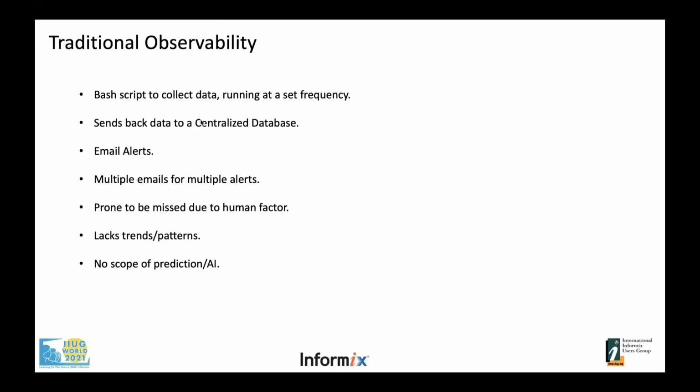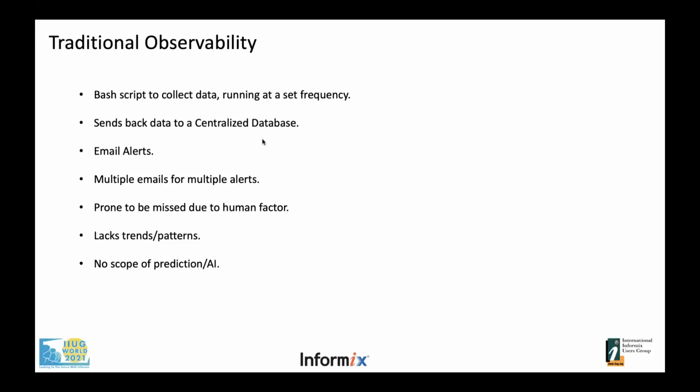There were multiple emails for multiple alerts, which resulted in hundreds or probably thousands of emails, which were prone to be missed due to the human factor, because when you have hundreds of emails, there's a huge chance that one or two might get missed, and then it will result in a downtime or an outage.